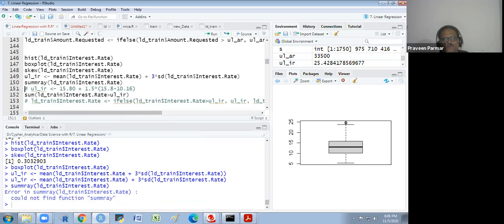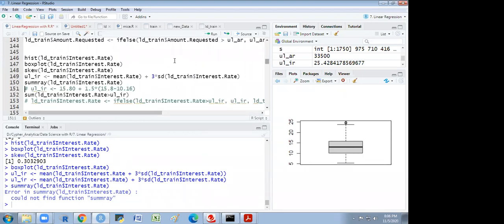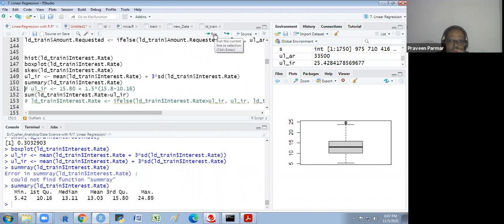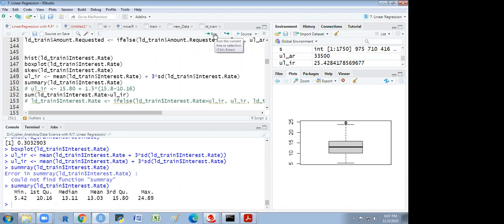The summary spelling is not right. I'm getting this summary. Got it?